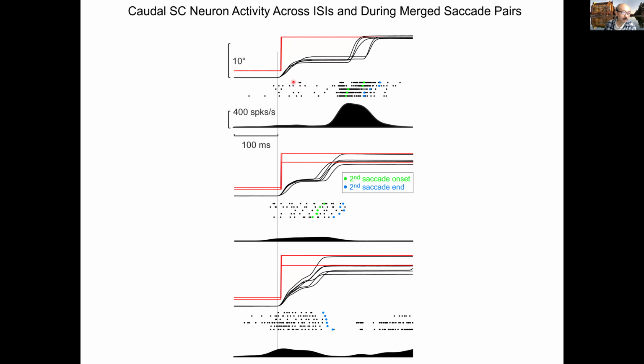We see very little activity for the primary saccades, as you expect for a caudal neuron, and the target step. That I will show you later; I think that's important data. Anyway, then you see this little activity as you have seen earlier.